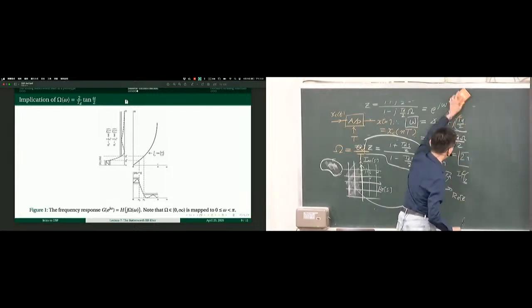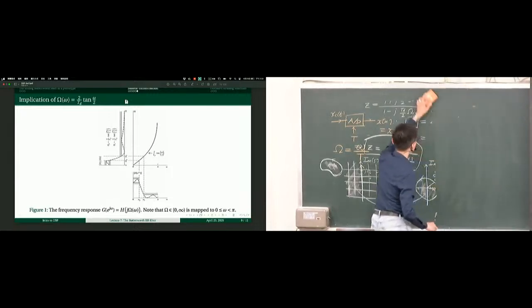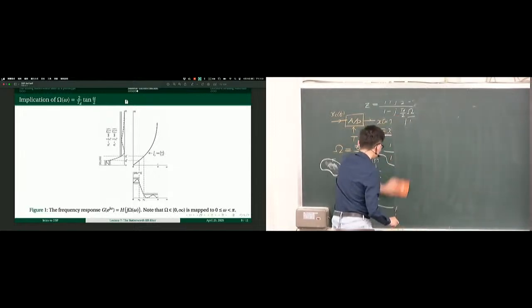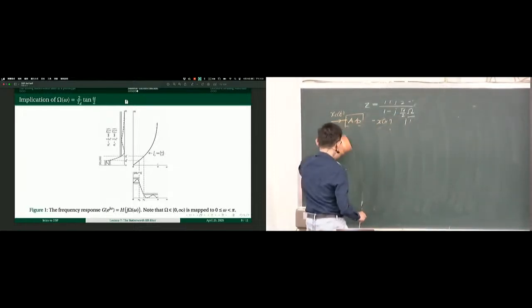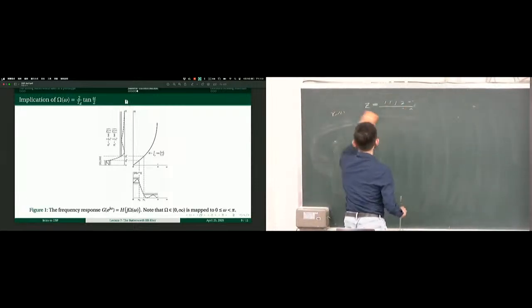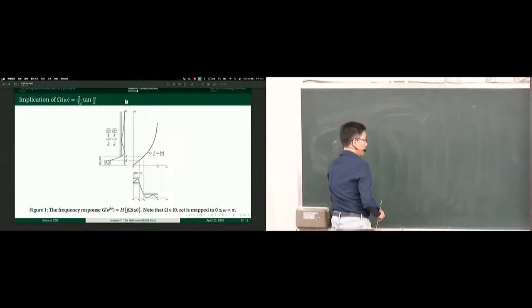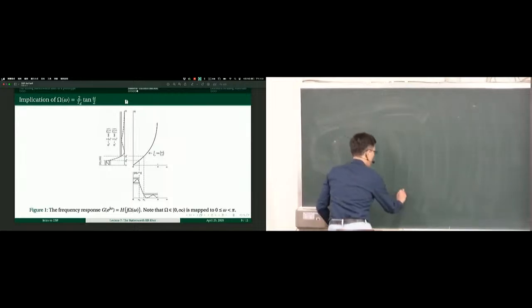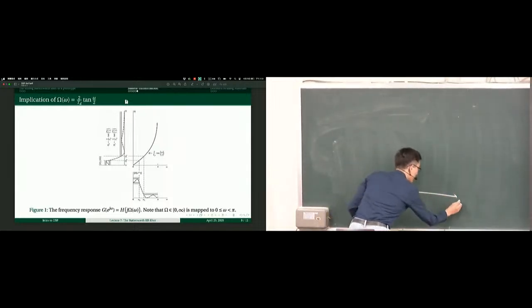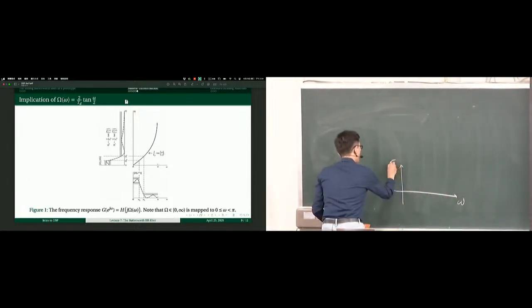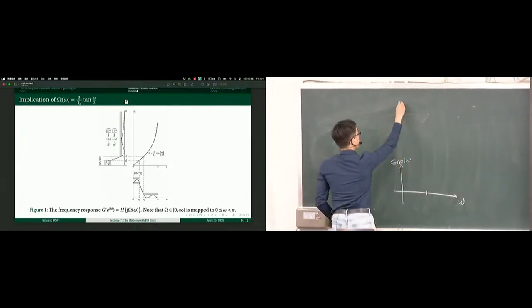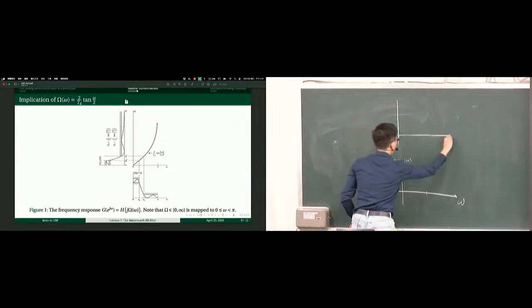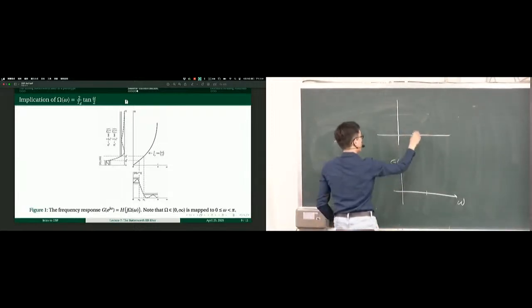So here, on this slide, or let's just simply draw it. We can take it slowly. If you want to understand G of e to the j omega at any omega, in this plot we have the relation of tangent.